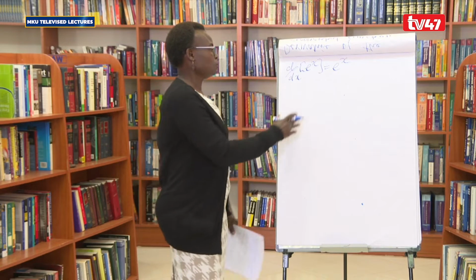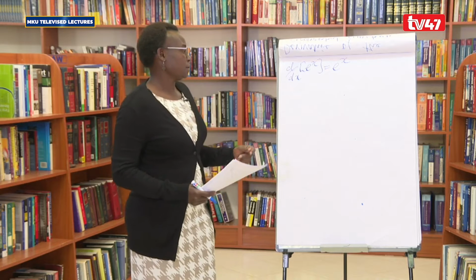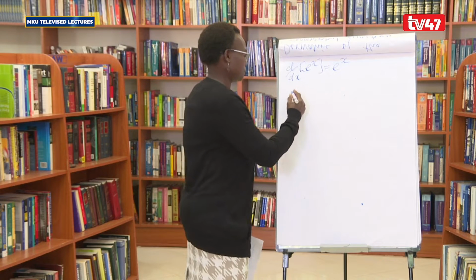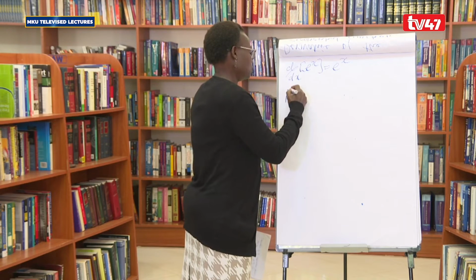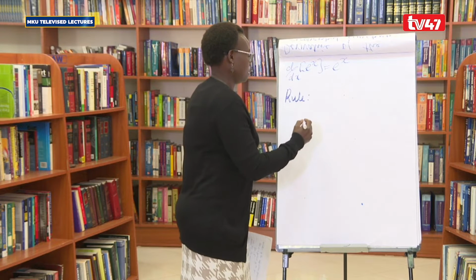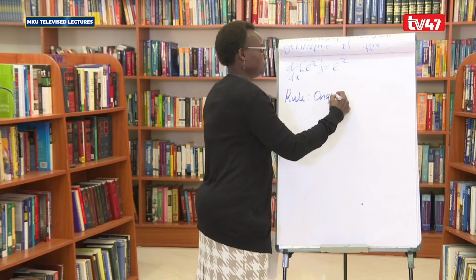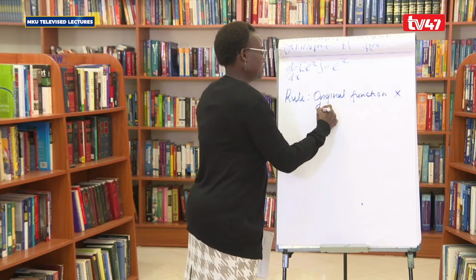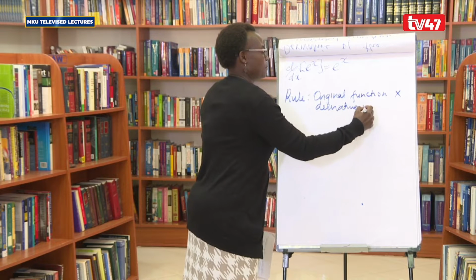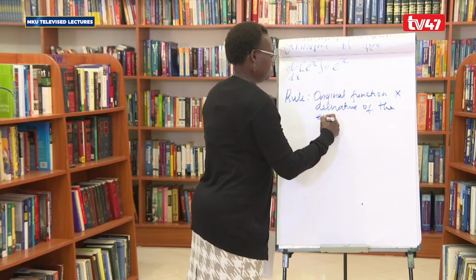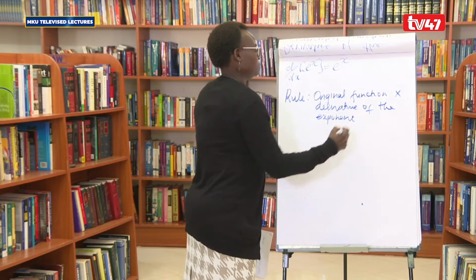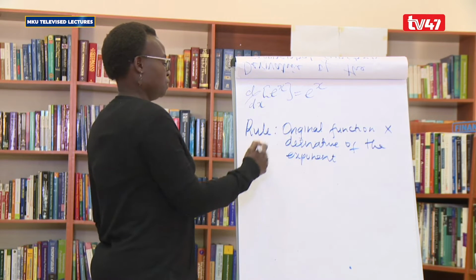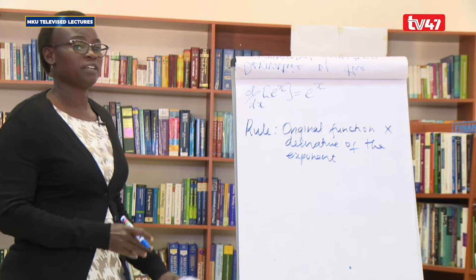Now generally the rule for differentiating functions where the exponent is compounded is, so we can say that the rule here is you take the original function, you multiply by the derivative of the exponent. So our original function times the derivative of the exponent of the given function.